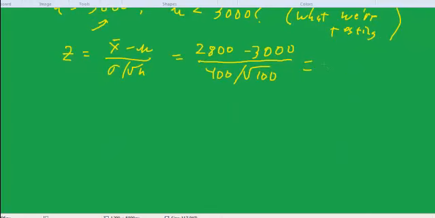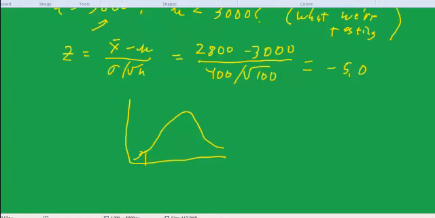That's a pretty big number. It's going to give us a very low p-value, because the p-value is going to be the norm CDF from about -10 to that number.